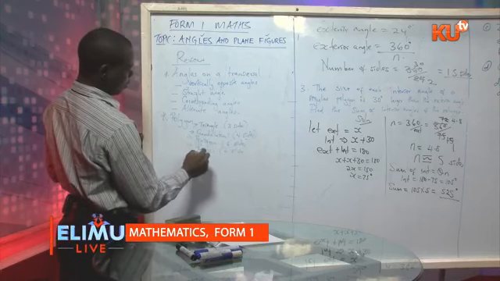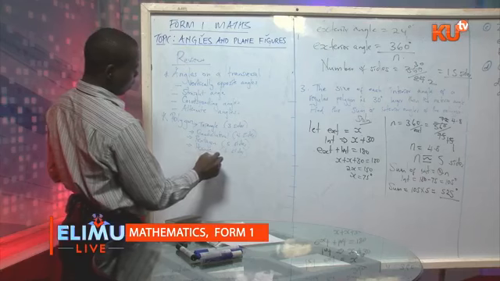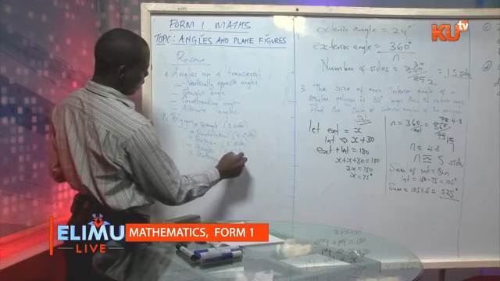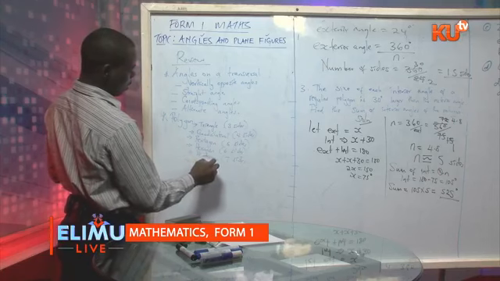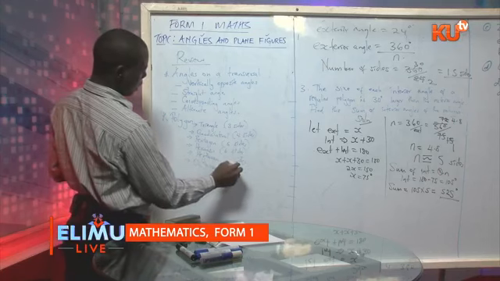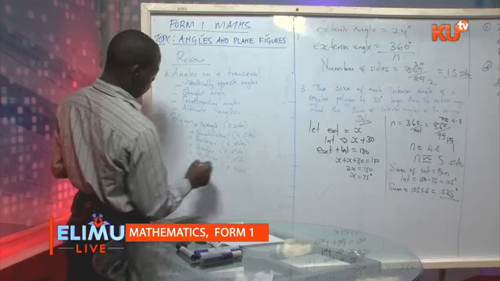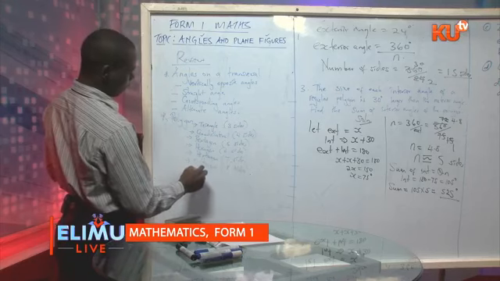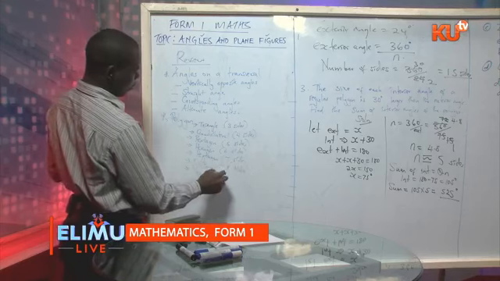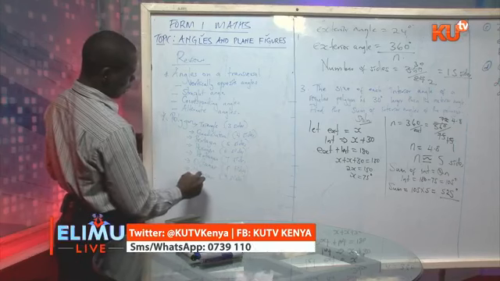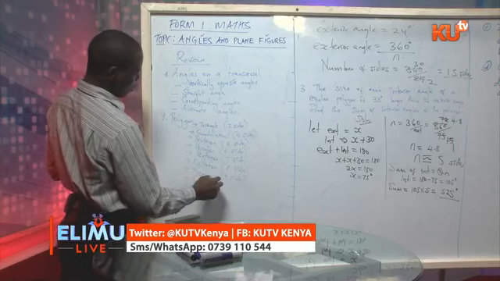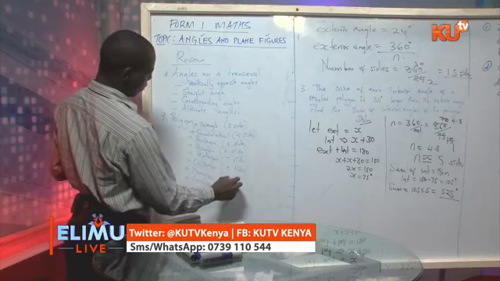We've mentioned a heptagon, a polygon with 7 sides. We've mentioned an octagon, a polygon with 8 sides. We've mentioned a nonagon. A nonagon is a polygon with 9 sides. And lastly, we've mentioned what we call a decagon, which is a polygon with 10 sides.